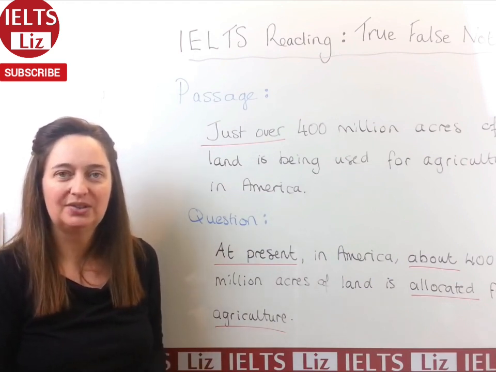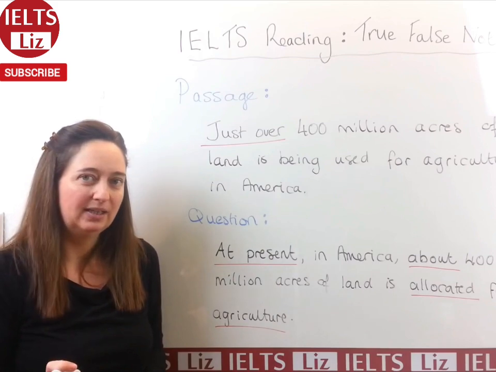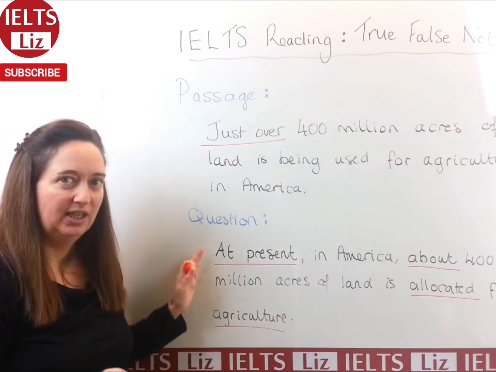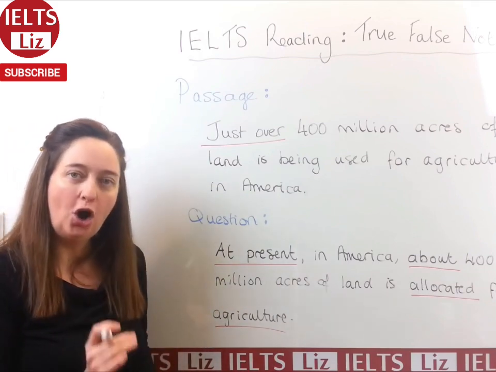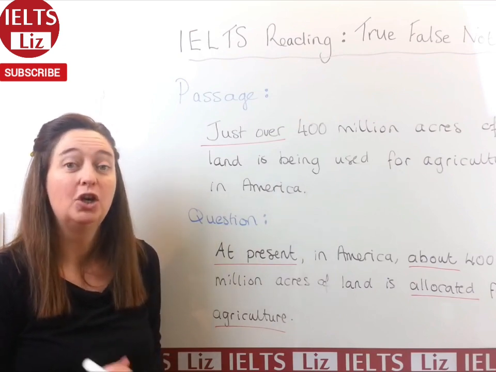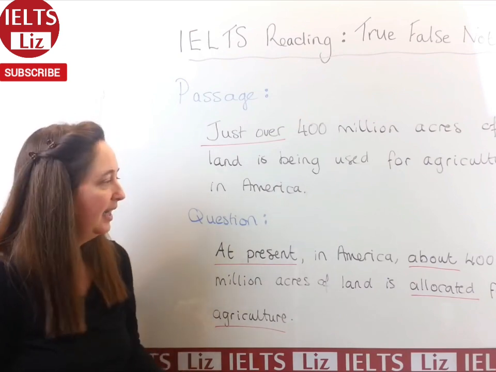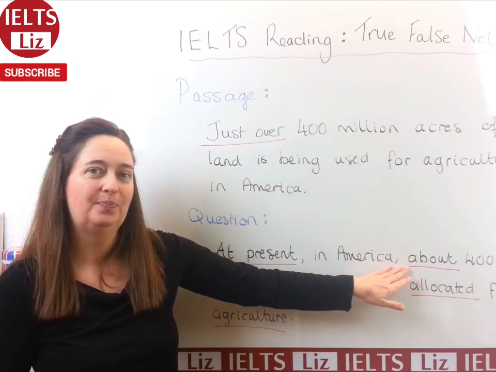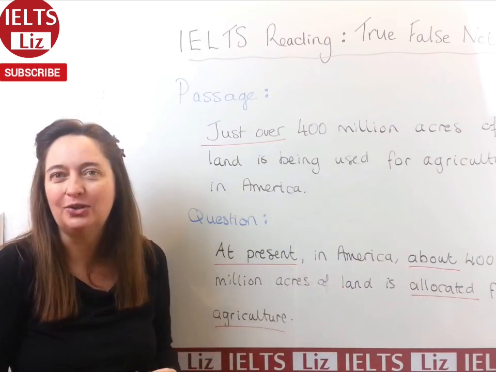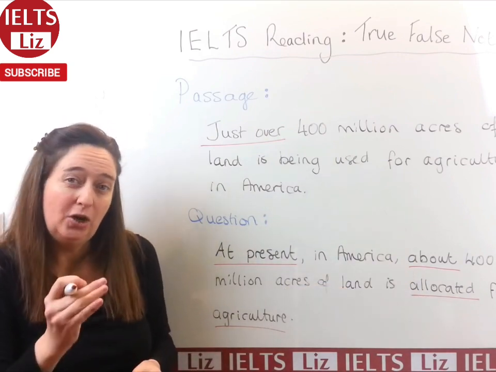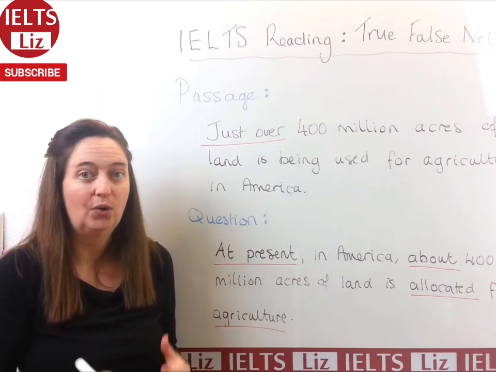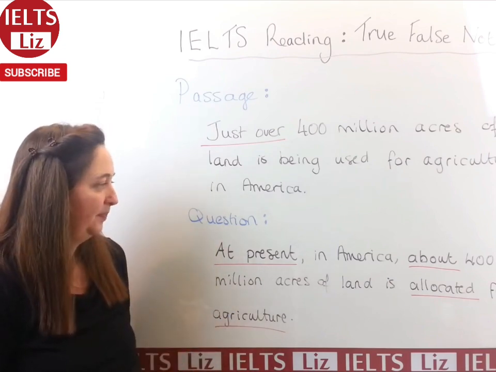The meaning of false, remember, doesn't mean that it doesn't match. It means it's the opposite information, contrary. Now, the word about means close to, nearly, a little bit over, a little bit under 400 million acres.